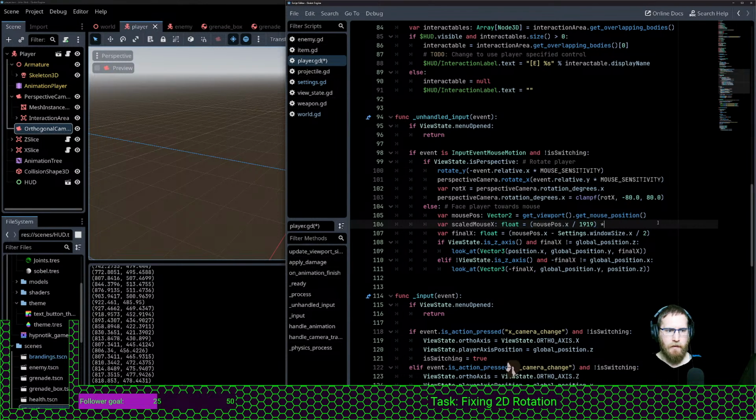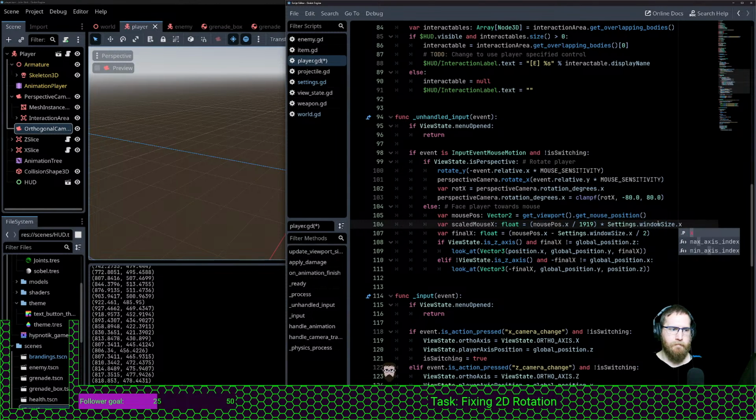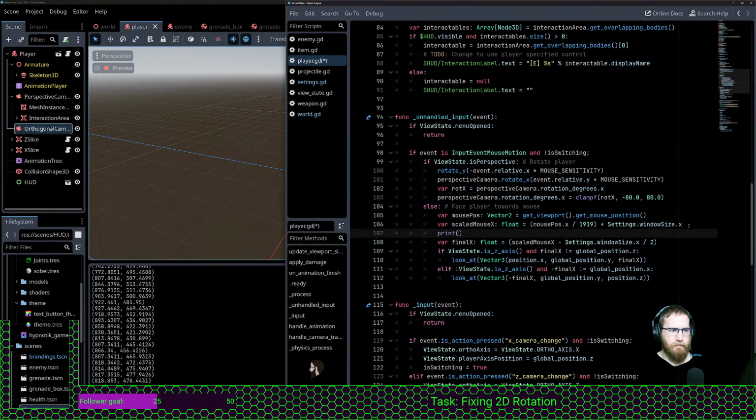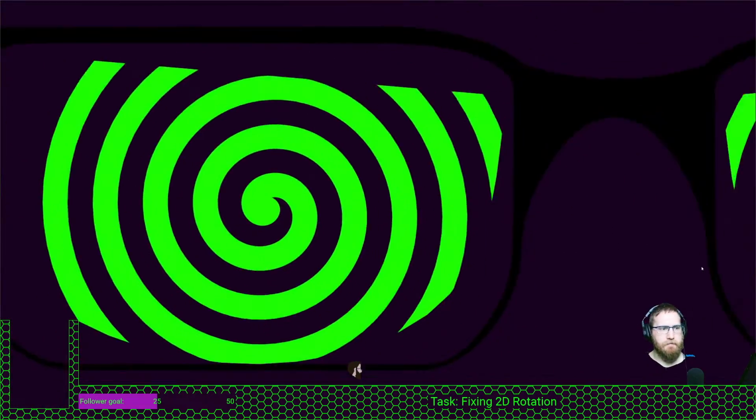Now we multiply that by settings window size X. I can pop that in there. Final X. Okay, let's do that. Let's see what happens.